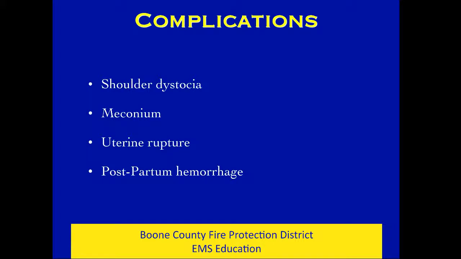A uterine rupture means just what it sounds like. The uterus has split open, for lack of a more tactful term. Why would a uterus rupture? Well, the number one reason would be that there was a prior cesarean section. They had a C-section. They had a surgical delivery of the baby, which meant that there was an incision made in the uterus and then it was stitched up.